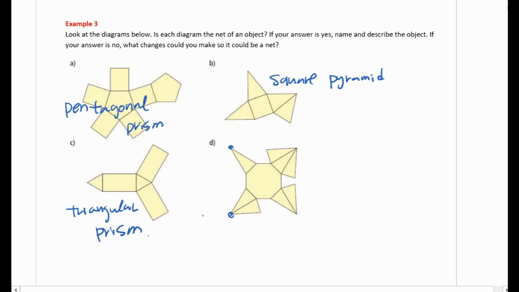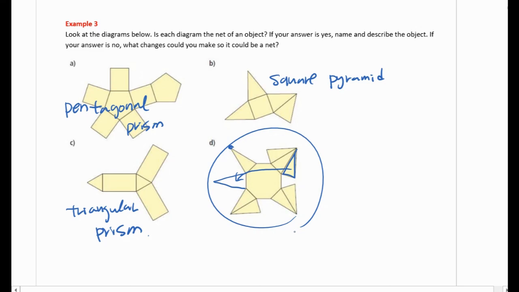You should have a face over here, right? So if you move one of this to this side, so you will be able to make a proper net. And since you have 1, 2, 3, 4, 5, 6, 7, 8 sides in the bottom, it's an octagon, right? So we call it octagonal.